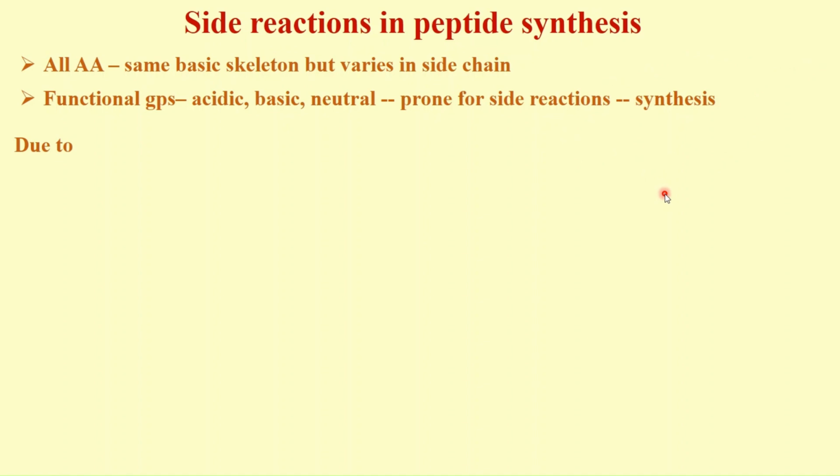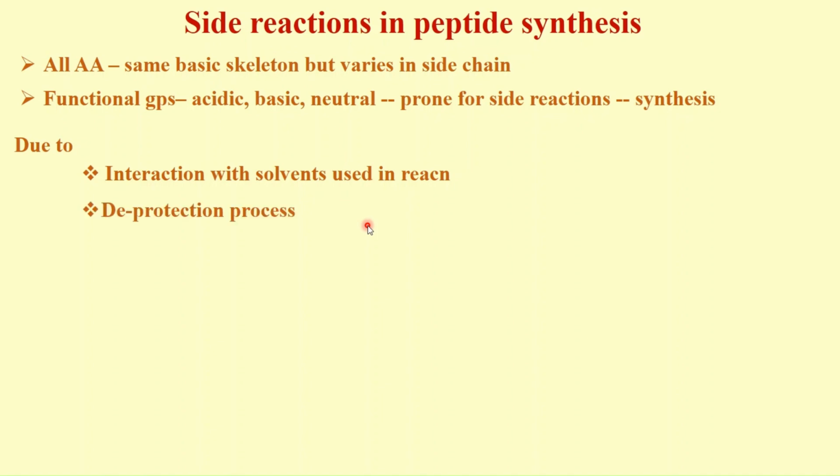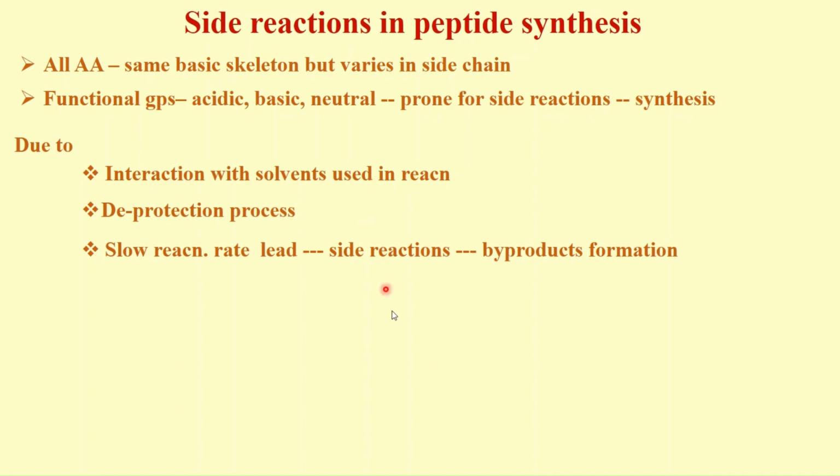Why is this so? It is due to the interaction of these functional groups present on the side chain with the solvents used in the reaction, or due to the deprotection process, or the reaction will be slow and the side reactions will be faster. Then the side reactions give byproducts along with our products too.